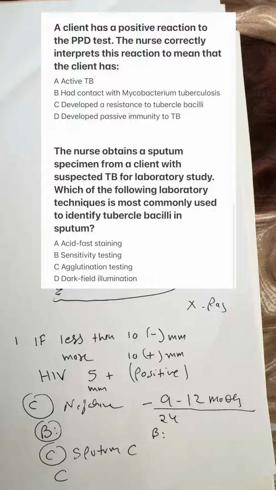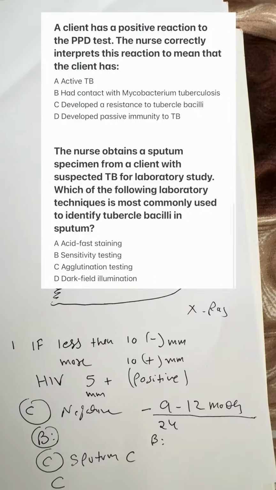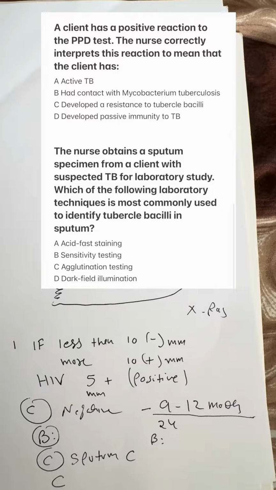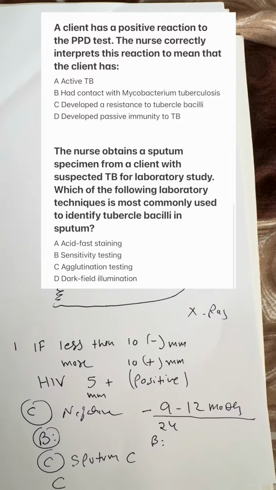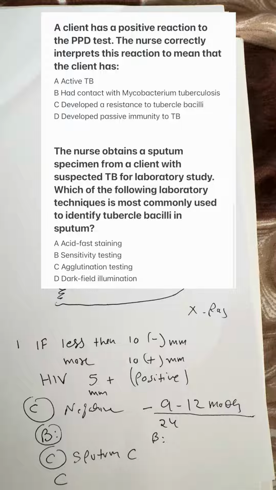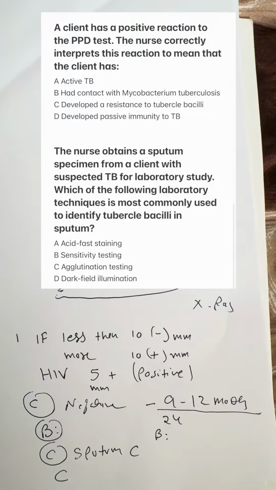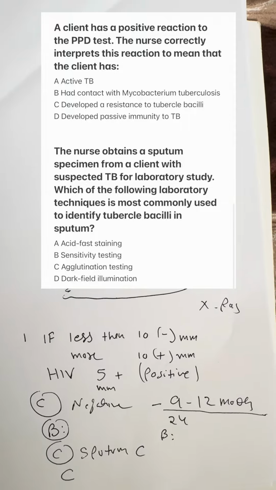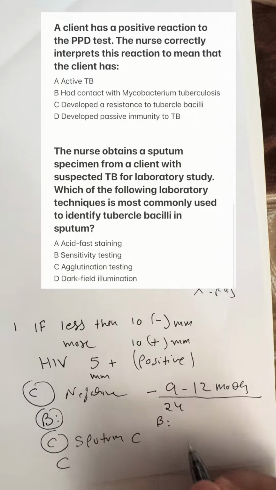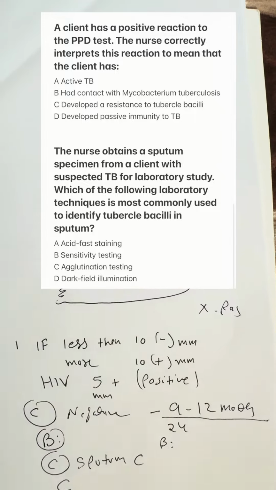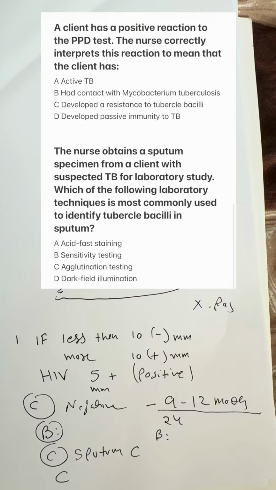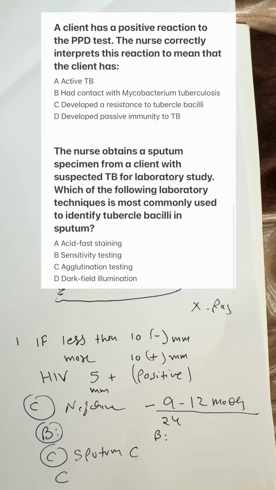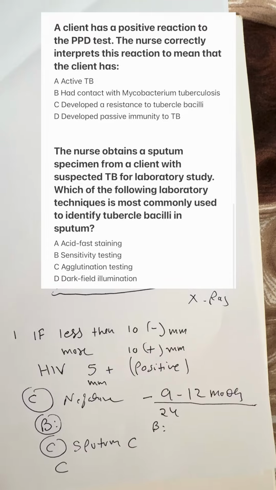TB for laboratory study. Which of the following laboratory techniques is most commonly used to identify tubercle bacilli in sputum? So when you see this kind of question, you immediately go to acid-fast staining. That's the diagnostic laboratory technique that will confirm tuberculosis, right?